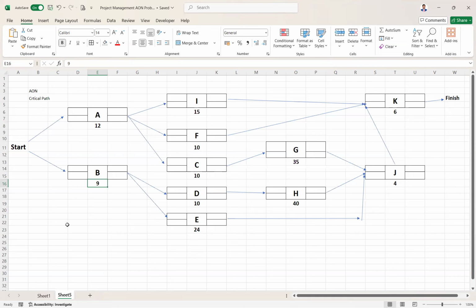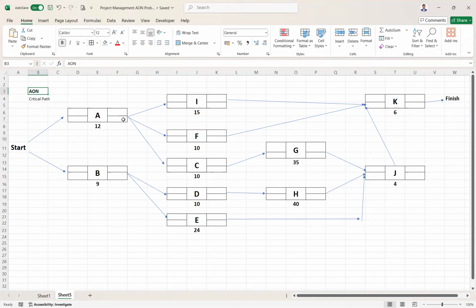Then again, the same thing, we have to do the forward and the backward pass. Before that, this is the node structure in activity on the node. This is just a structure, one graphical way to represent it. This is the early start, ES. Immediately below it is the early finish.